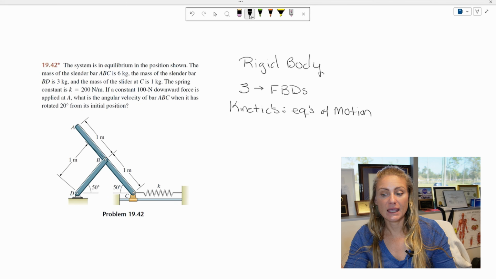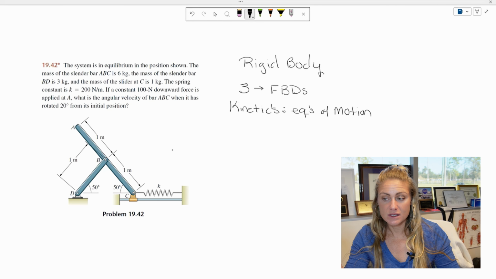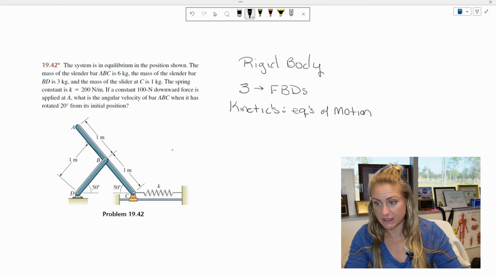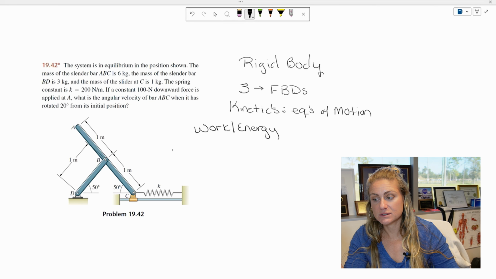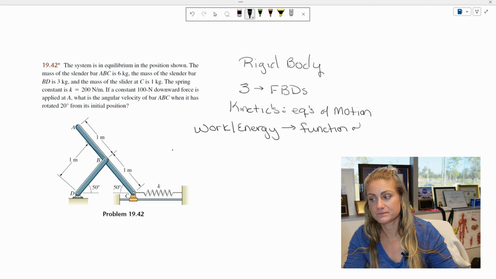If you have a hard time answering this, you need to write down, okay, I know I have a spring force, and a spring force is a function of position, right? So that means that we are going to use work and energy, and that is going to be used when we have forces as a function of position.